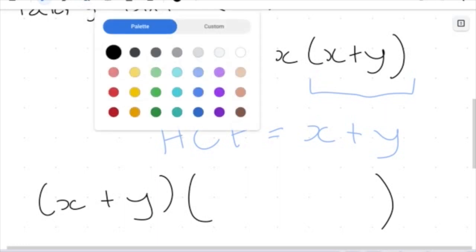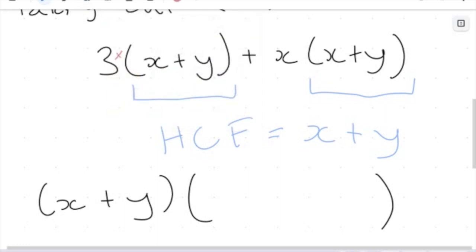Now, what is implied here? Remember these things outside of brackets. When we have a term outside of the brackets, this is a shorthand for multiplying. It implies a multiplication. So x plus y here, we see a similarity between that and that. What was it multiplied by to get me 3 outside of x plus y? Well, it was multiplied by 3.